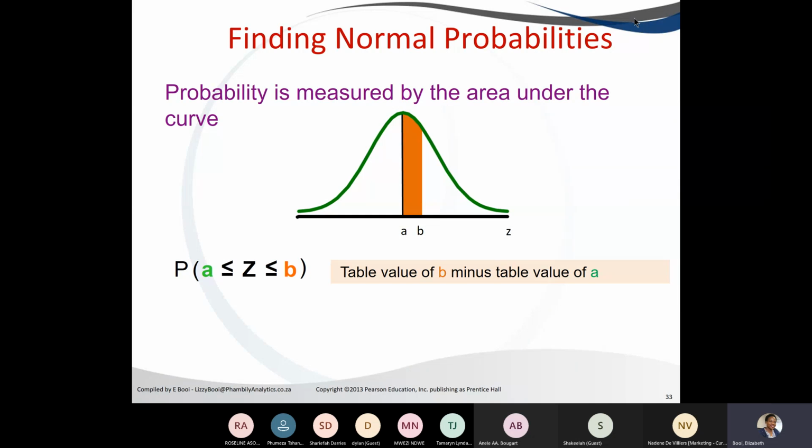When z lies between the two values, we're only calculating this portion, which is very difficult to calculate if you don't know how. Remember, we're going to use the table value. The table value contains the values of less than, which are those values going that side.